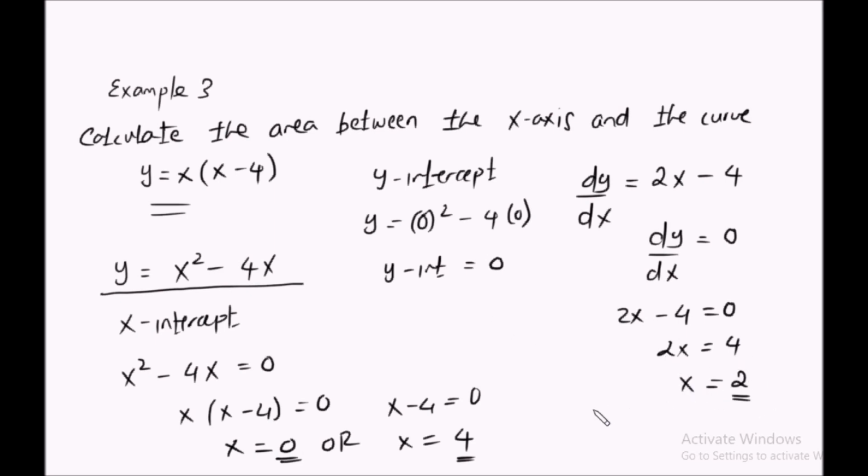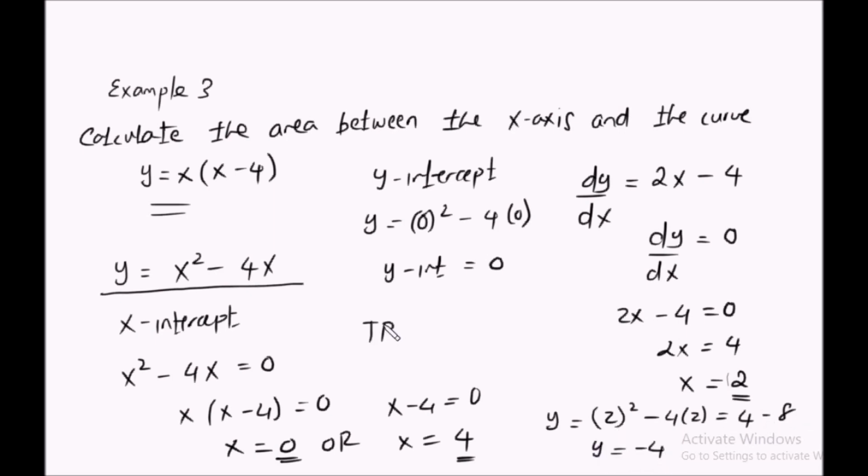So what about y? At x equals 2 we have the turning point. So what is the y value at the turning point? We know y equals x squared minus 4x, so it is 2 squared minus 4 times 2, which is 4 minus 8, so it is negative 4.